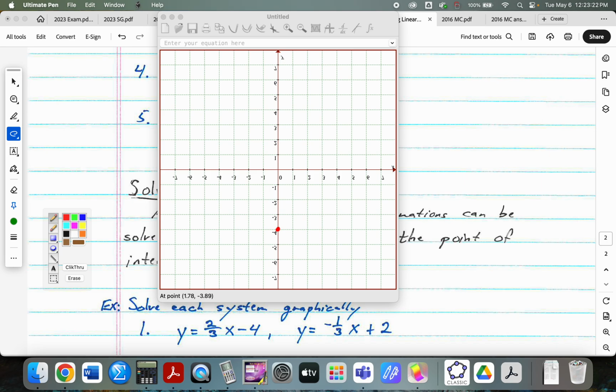The slope is 2/3. On these, I'm especially careful to count the slope in both directions until it goes off my grid, because I don't trust myself if I'm doing this freehand, and I'll go ahead and draw this one freehand, to be accurate enough to get the point that I want for both lines.